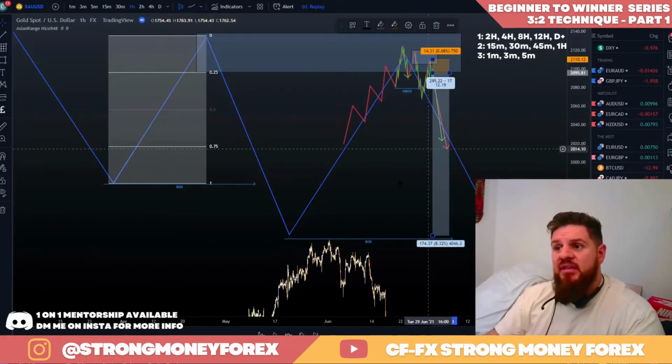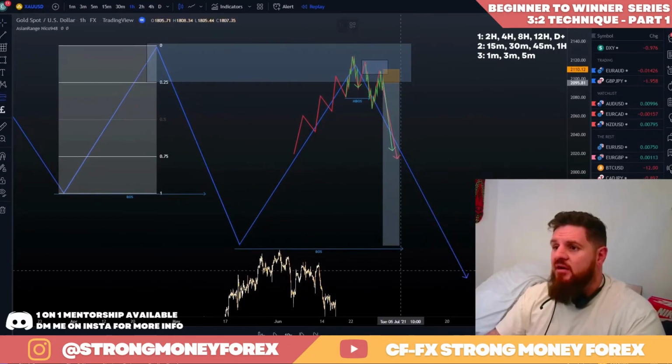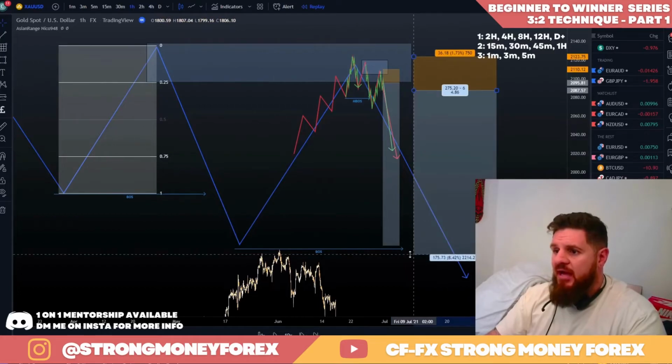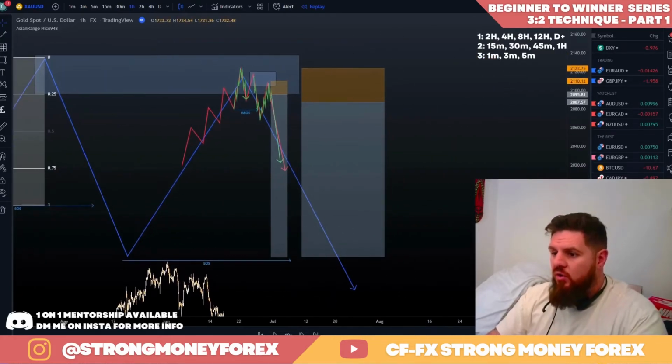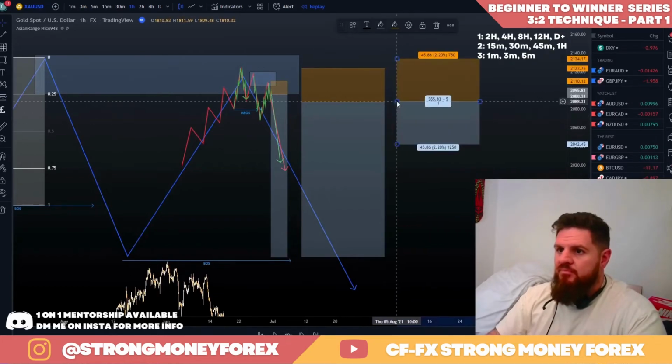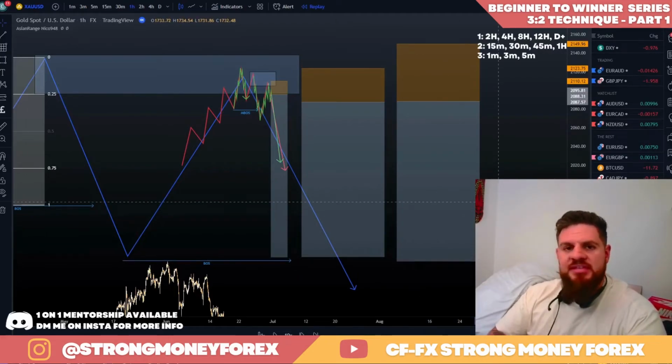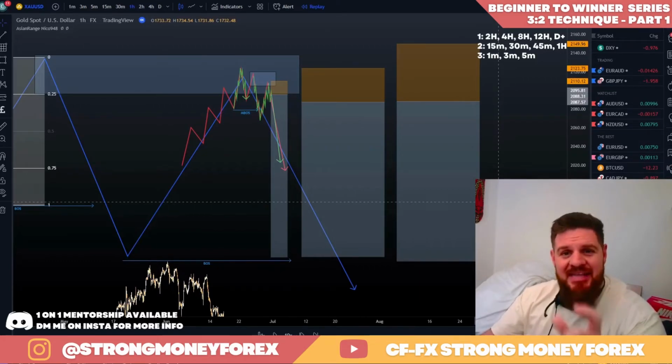You get yourself a lovely 12R instead of just using the medium time frame, which would have got you a 4R, or just using the daily time frame, which would have got you probably 3R. So this is how I refine my trade zones and how I stack the confidence in my favor.